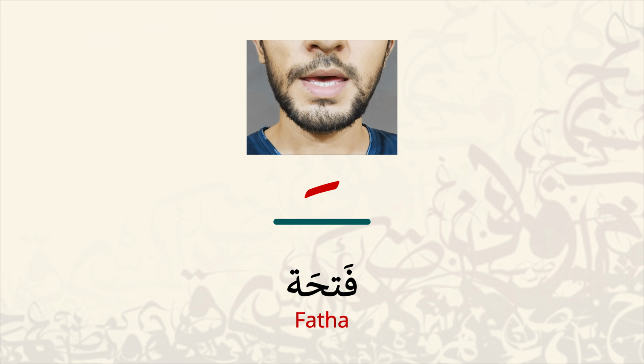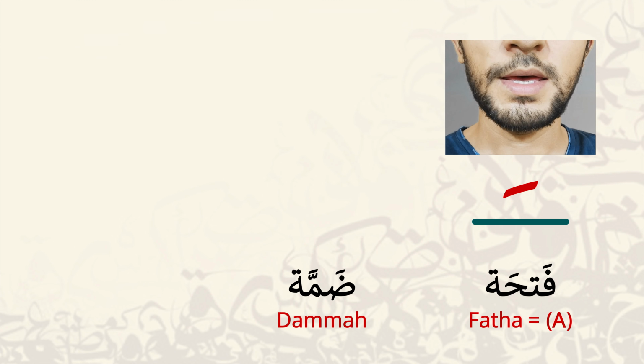The first label is called فتحة. It looks like an inclined slash, and we draw it on top of the letter. This label is given the sound A, like the normal English A sound. The second one is called ضمة. It looks like this, like the letter waw in the Arabic alphabet.